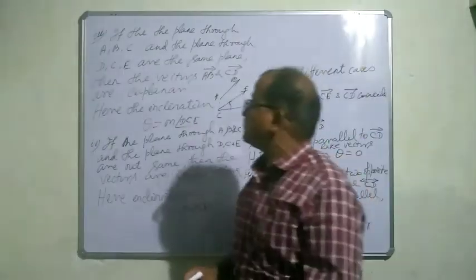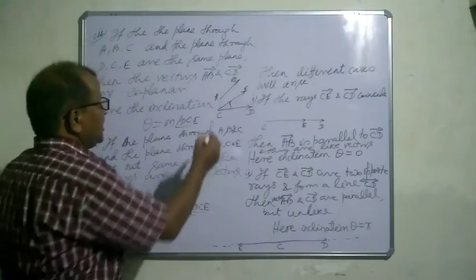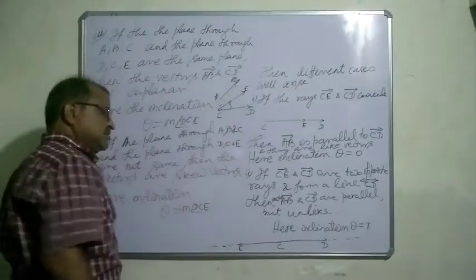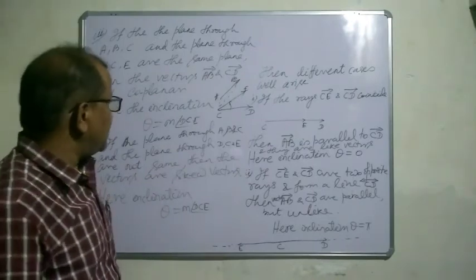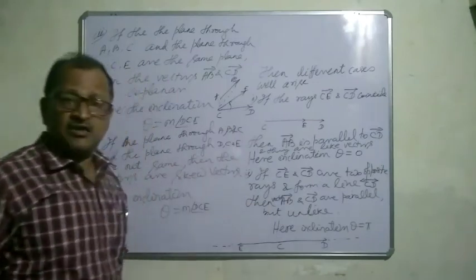Inclination is pi. Third case, if A, B and C are on a plane, and ECD is on another plane.